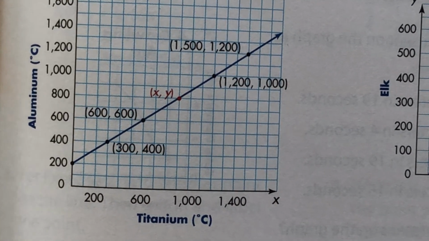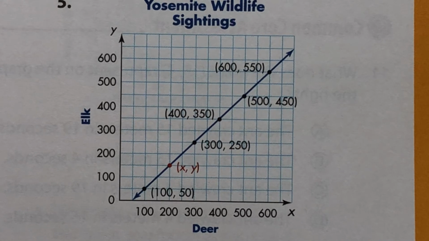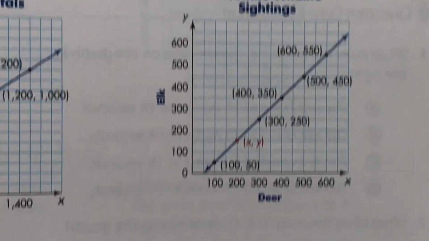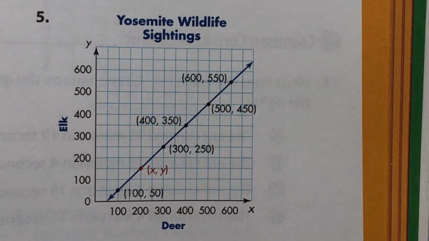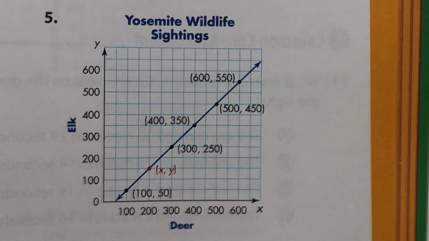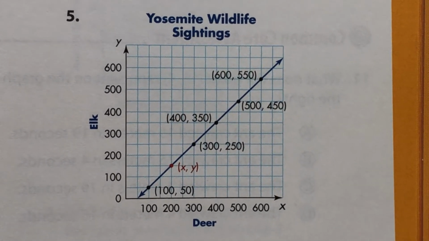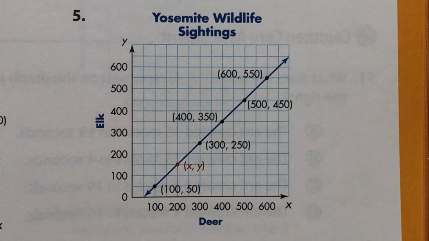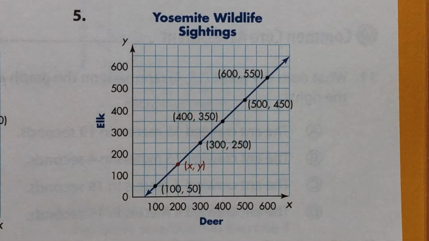I'm still on page 791, but I am, oops, sorry about that. Getting it set up. I am on number 5. So let's look at number 5. What is the title of this graph? Well, the title of this graph is Yosemite Wildlife Sightings.